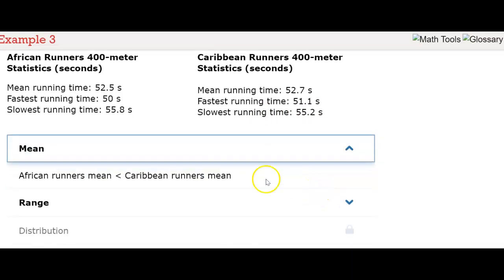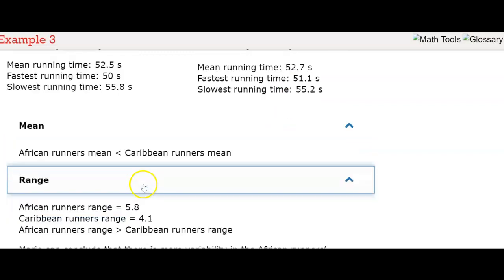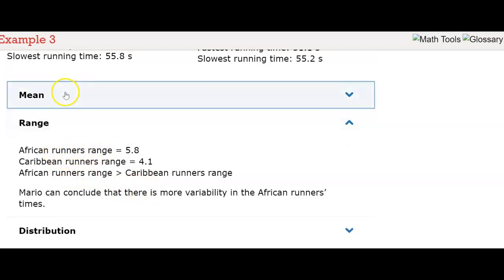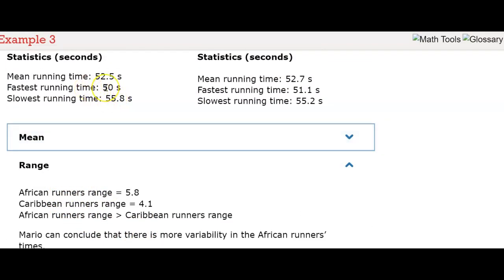And then you have your mean. The African runners' mean here is less than the Caribbean runners' mean. Then you have your range. The African runners' range would be their slowest time subtracting their fastest time, and their range is 5 and 8/10 for the African runners, and 4 and 1/10 for the Caribbean runners.